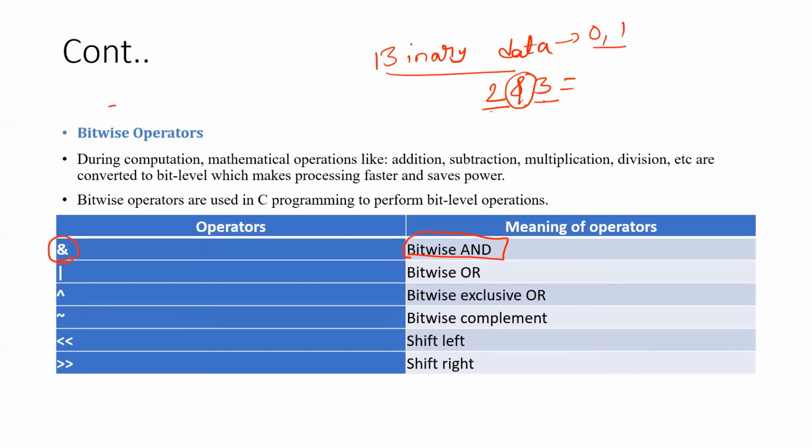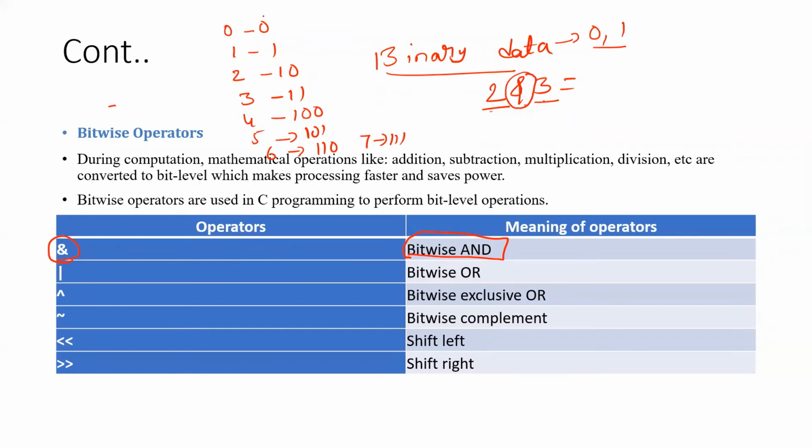These bitwise operators are helpful for mathematical calculations at bit level. If I mention 2 and 3, 2 is converted into zeros and ones. So 0 is 0, 1 is 1, 2 is 1 0, 3 is 1 1, 4 is 1 0 0, 5 is 1 0 1, 6 is 1 1 0, 7 is 1 1 1.